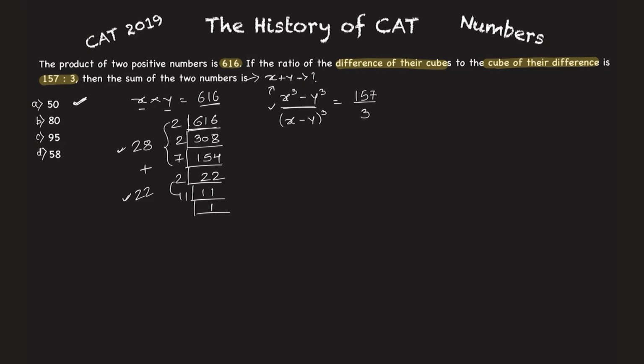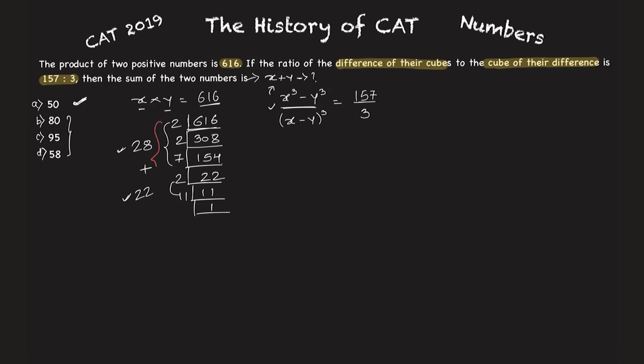Can I get any other answer? Just check this out. Can you get 80 by any chance? Can you get any two numbers such that their sum will be 80? 11 into 2 is 22, 22 into 7, no, it will be a lot greater. So you cannot have the sum as 80. 7 into 2 is 14, 28 into 2 is 56.